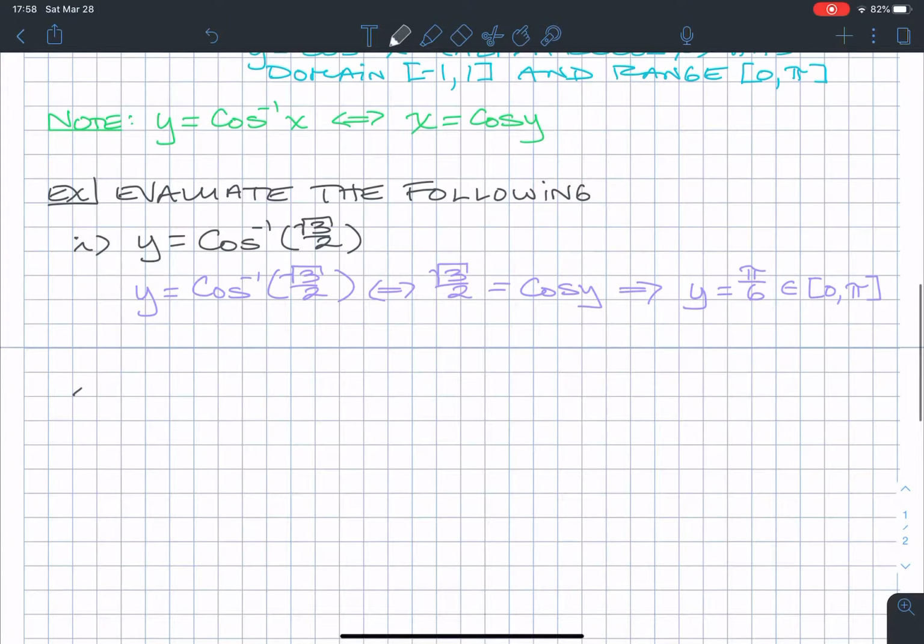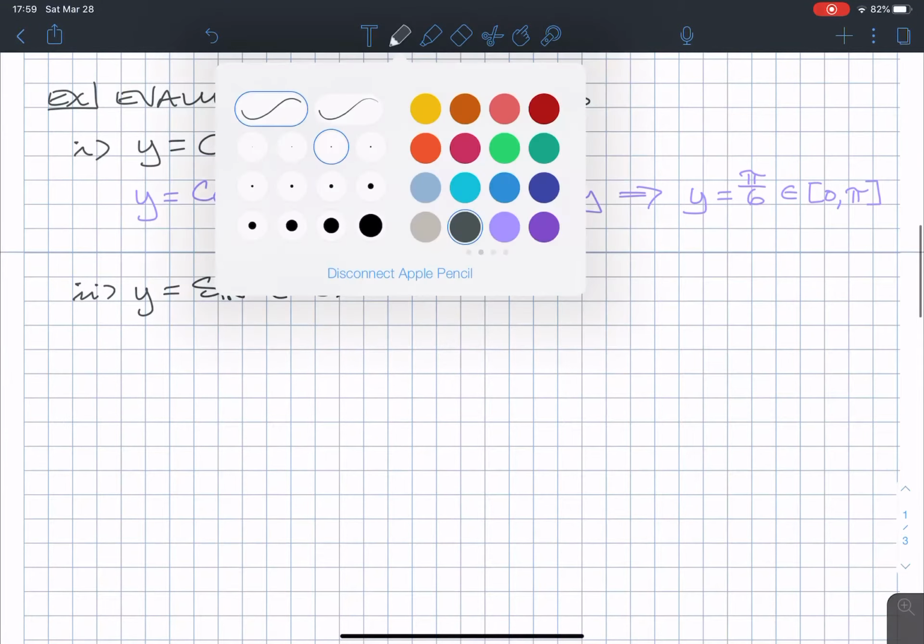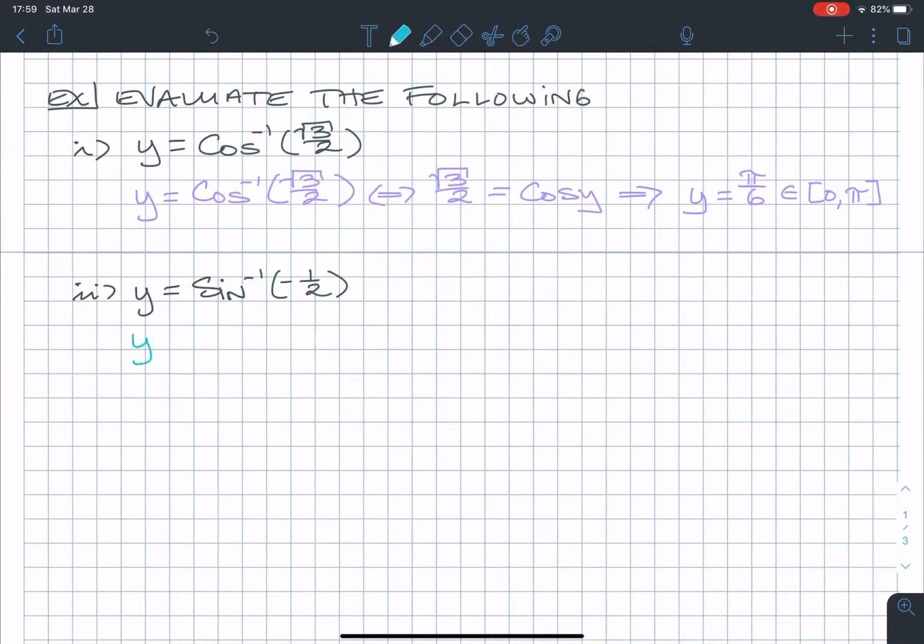So number 2, let's say we have that y is equal to sine inverse of 1/2. Sorry, let's do negative 1/2. Kick it up a notch. Okay. So we have that y is equal to sine inverse of negative 1/2, which is equivalent to swapping the argument, meaning I can write negative 1/2 is equal to regular sine of y.